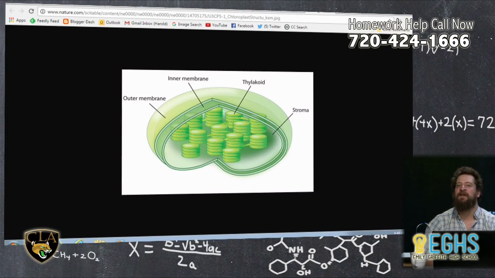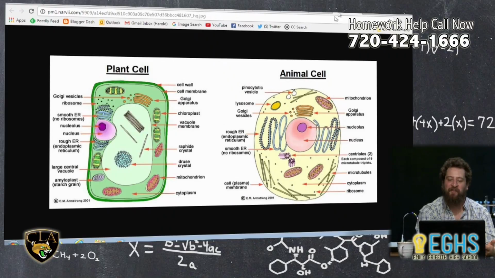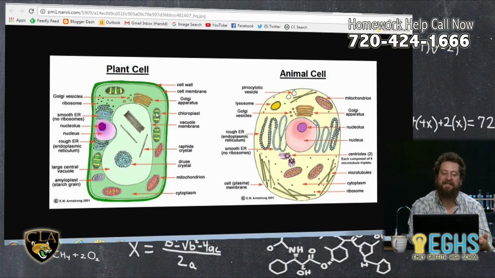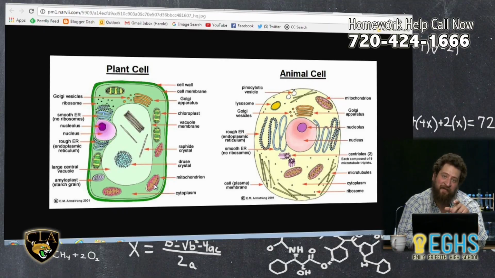I mentioned earlier that chlorophyll was what makes this possible inside of plants, and I just thought I'd briefly mention that plant cells contain a special organelle called a chloroplast. Animal cells don't have this. Animal cells have mitochondria, which plant cells have too, you can see over here. Mitochondria is the organelle that's going to allow any organism to burn sugar for energy, but it's only the plant cells that have the chloroplasts.